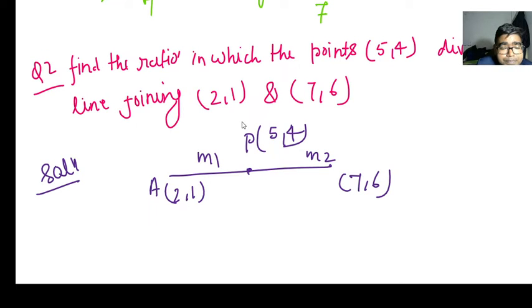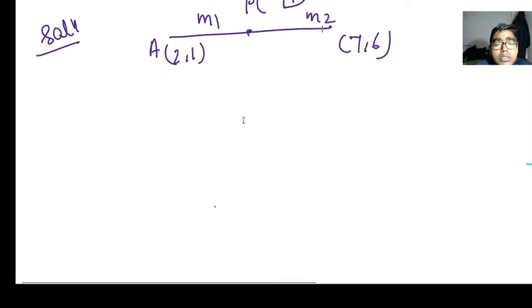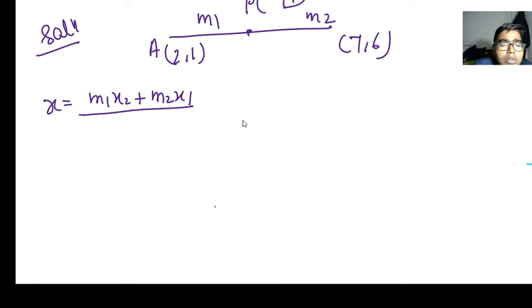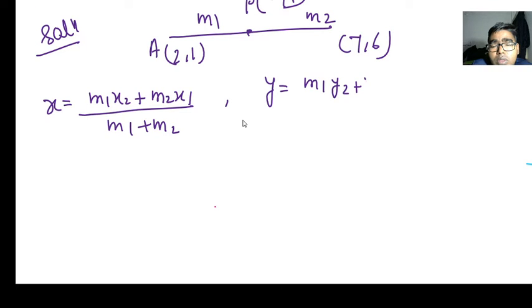So simply, as you know the formula, write x equals m1 x2 plus m2 x1 divided by m1 plus m2, and y equals m1 y2 plus m2 y1 divided by m1 plus m2.